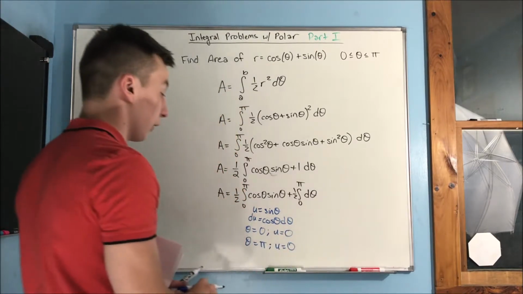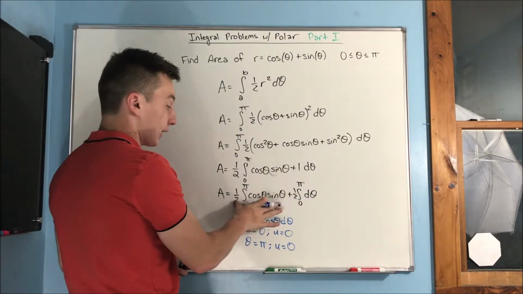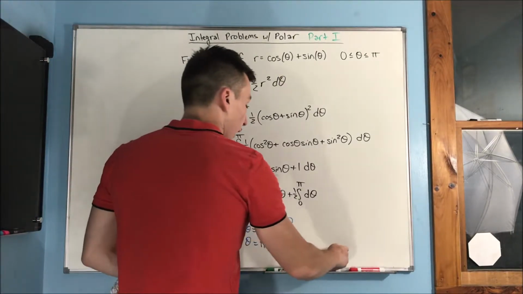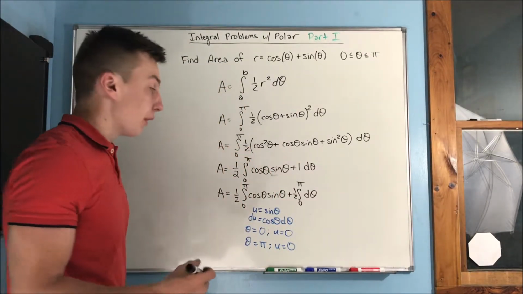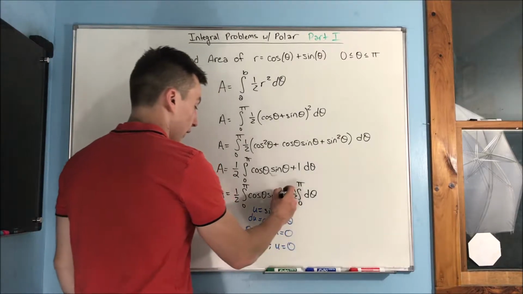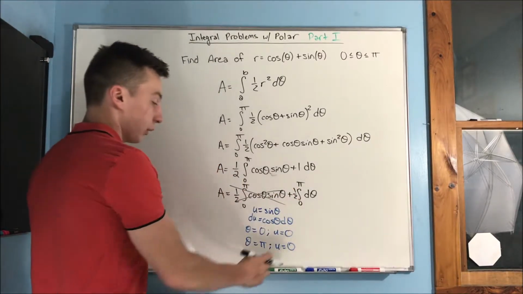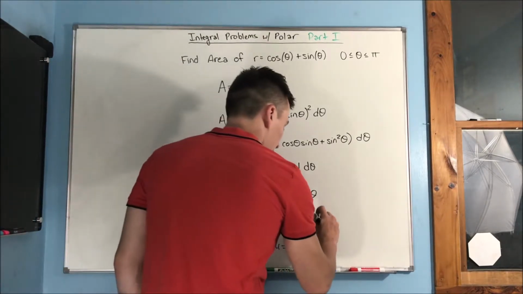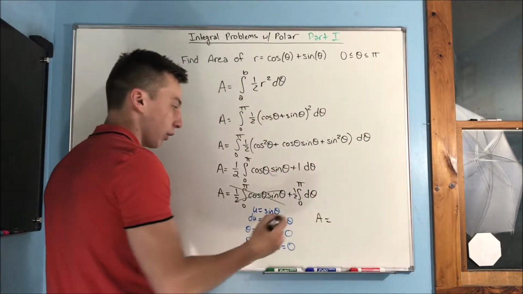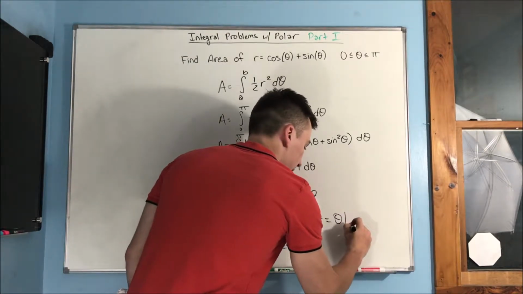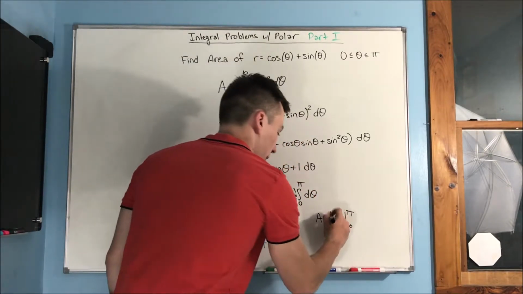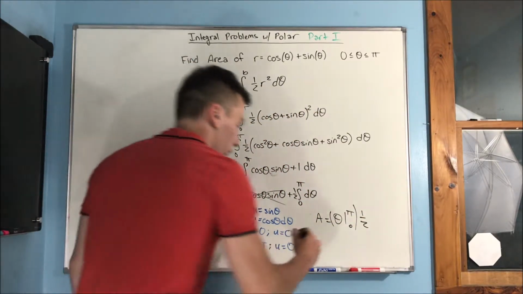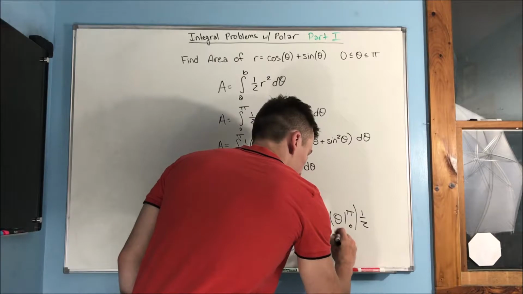So now we have bounds of 0 to 0, so we don't need to worry about this integral at all. We just need to worry about the 1/2 integral from 0 to pi of d theta. This integral goes away because the bounds are from 0 to 0, and we're left with the area equaling theta evaluated from 0 to pi, multiplied by 1/2 because that 1/2 is still there. So we get an answer of pi over 2.